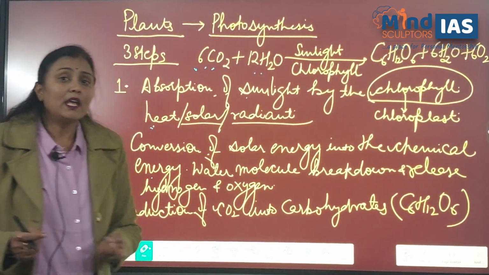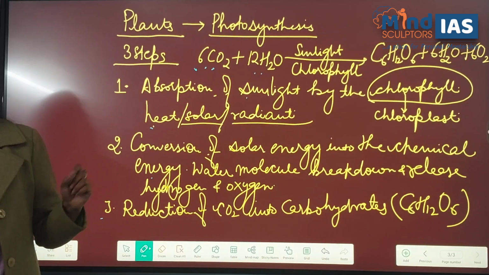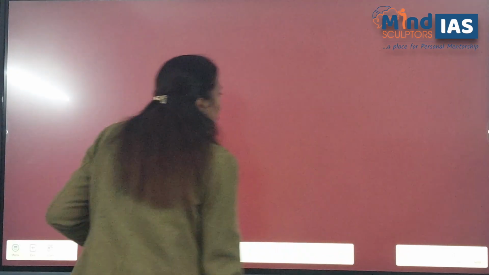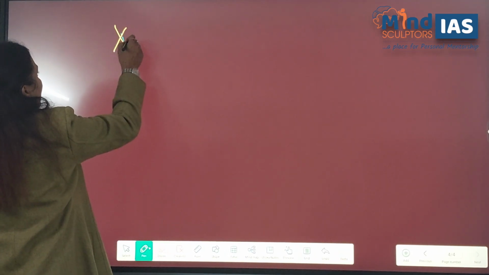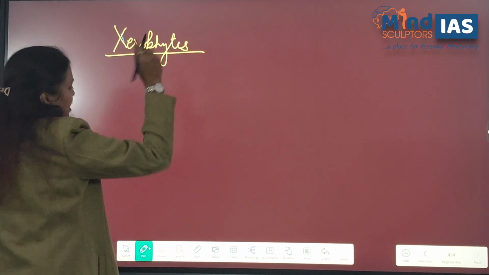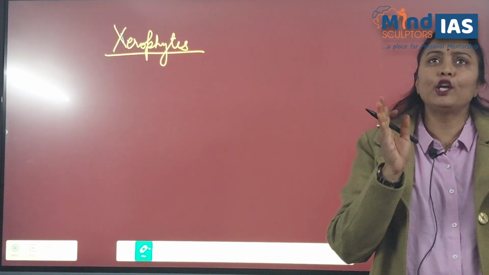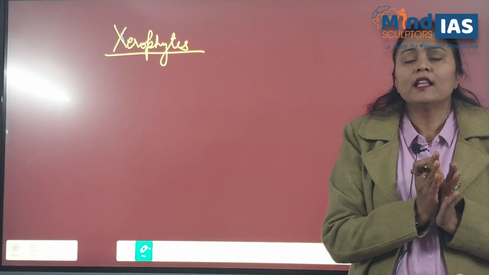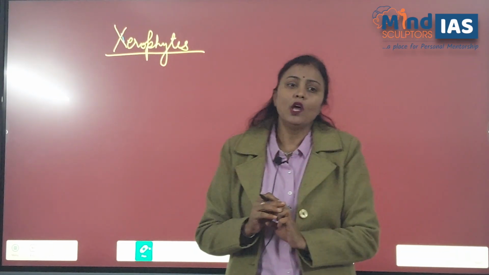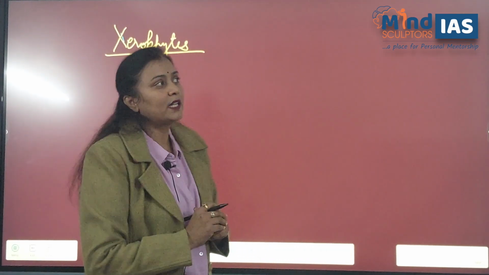If you specifically talk about the plants that grow in the desert or in dry conditions, those plants are called xerophytes. In junior classes, you have studied that they reduce their leaves into spines. Their roots go very deep inside the ground to absorb water and all. So these are the modifications done by all the desert plants.